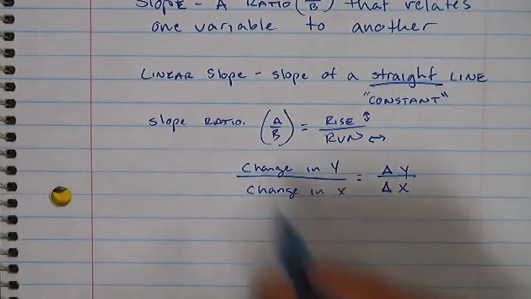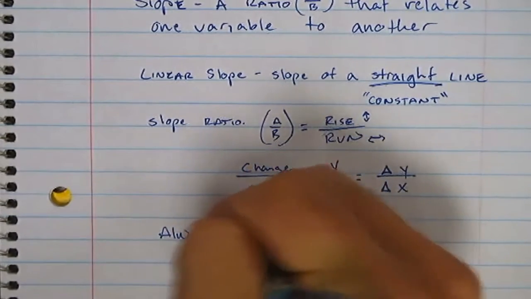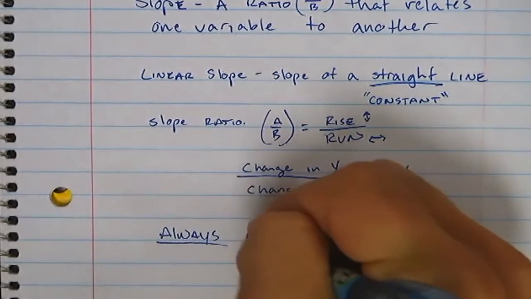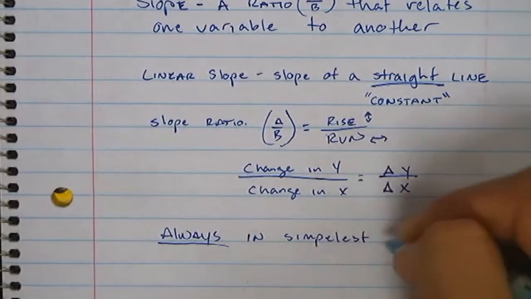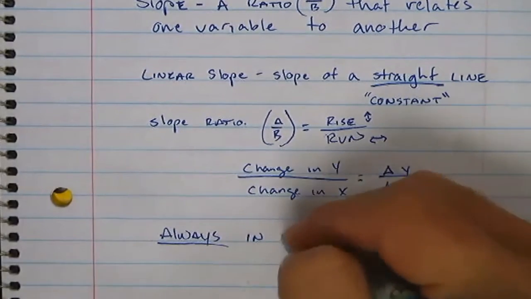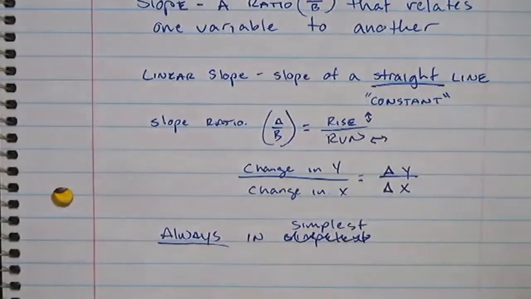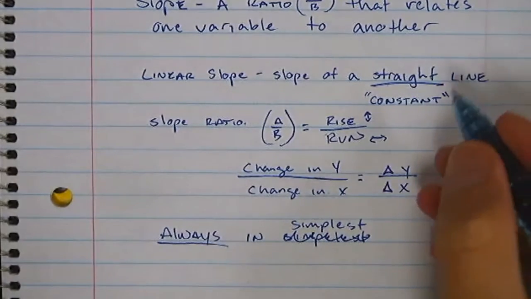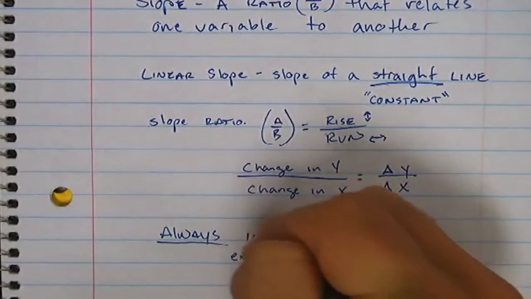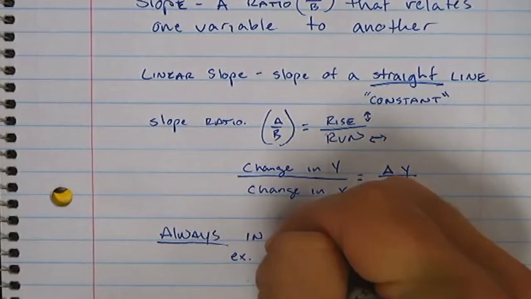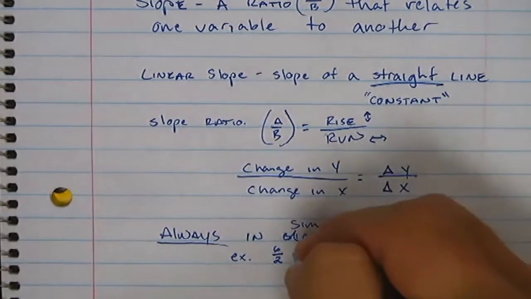Now, as far as the ratio goes, we always put it into simplest form. Simplest. That looks better. So always in simplest form. Okay, so example there, real easy: if you have something like 6 over 2, we would divide that and say 3.